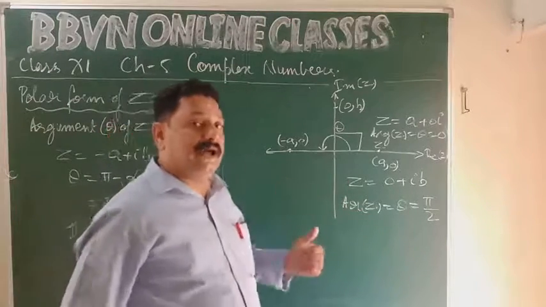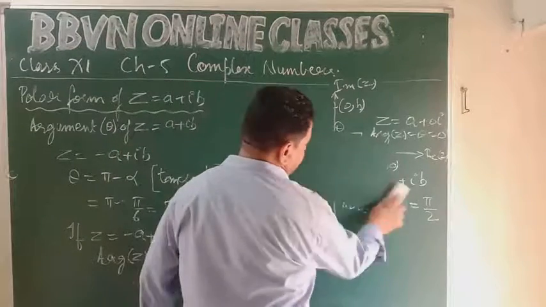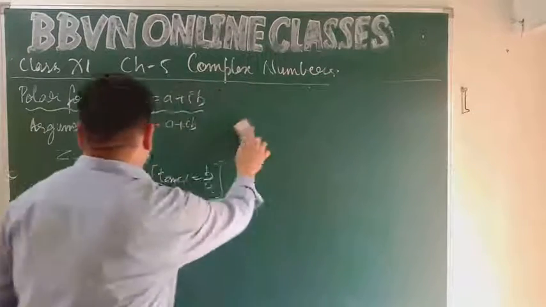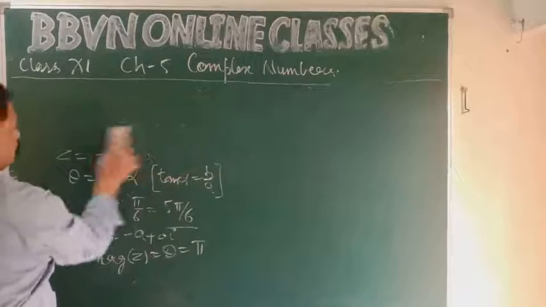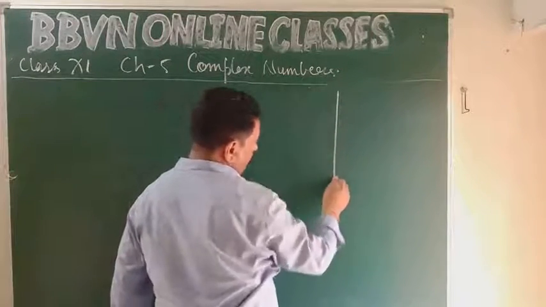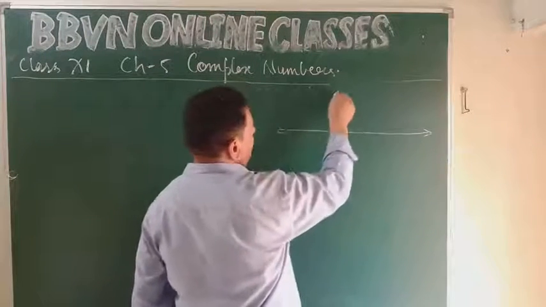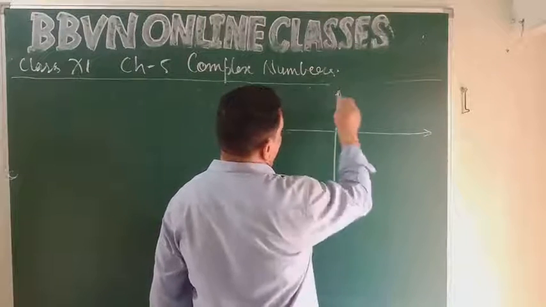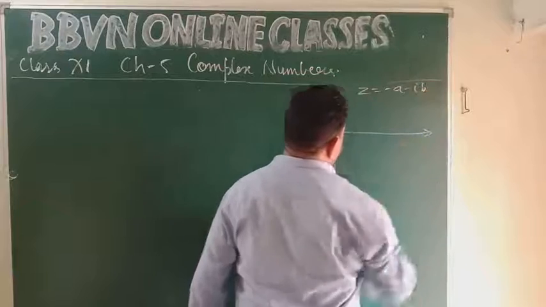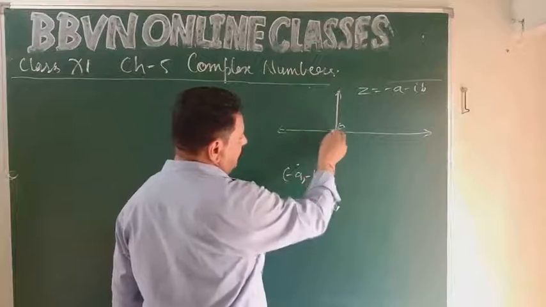If z lies in the third quadrant, our complex number is z equal to minus a minus iota b. So it lies in the third quadrant. This point is minus a comma minus b.